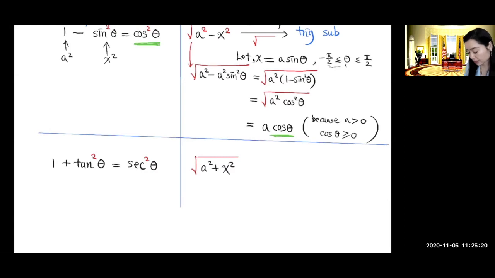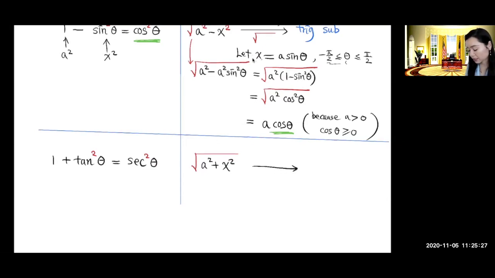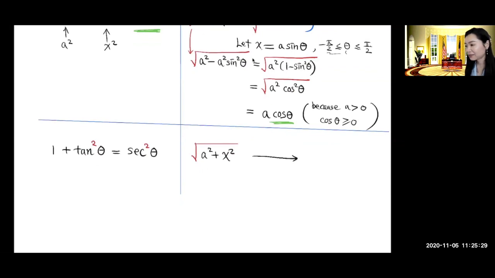Now, somehow we want to get rid of the square root because then when we integrate it will be easier, right? So I'm going to do a trig-sub. So what do you think I'm going to let x be?